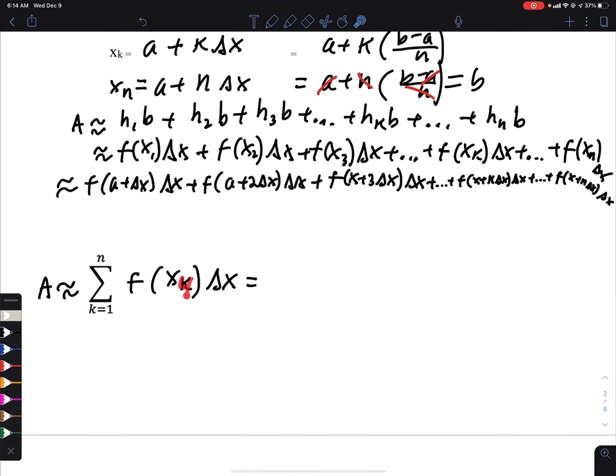Then you plug in 4, and you stop when you get to n, so f of xn is our last one. So that is our sigma notation, but also we can replace f of x sub k. But what is x sub k? Well, here's our x sub k that we found. So it could also look like this.